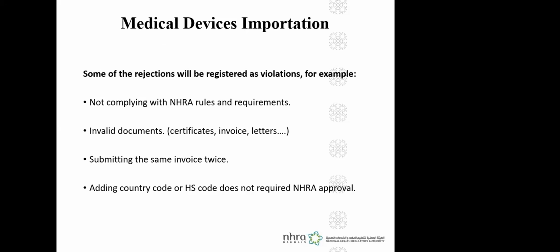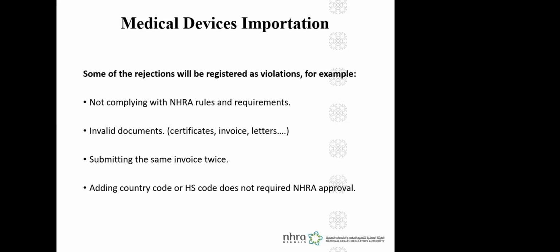There are some cases where the rejection will be registered as a violation, for example, not complying with NHRA rules and requirements. There are some cases where we reject the request with a comment. The importer resubmits the request with the same document without complying with NHRA requirements.